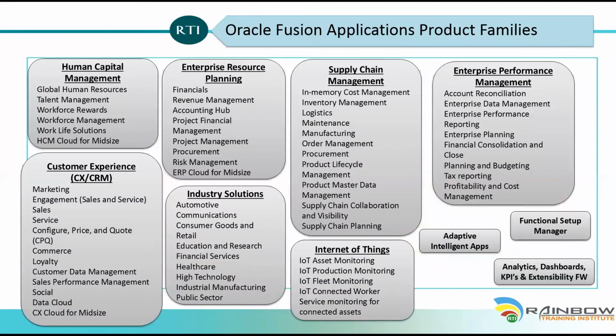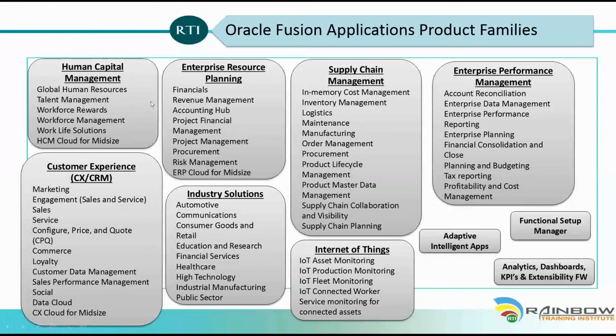Example, they have a human capital management product family, and we have an enterprise resource planning product family. In human capital management, they have many sub-products called global human resources, talent management, workforce rewards, workforce management, and other modules. In enterprise resource planning, they have financials, revenue management, accounting hub, project financial management, project management, procurement, like that.